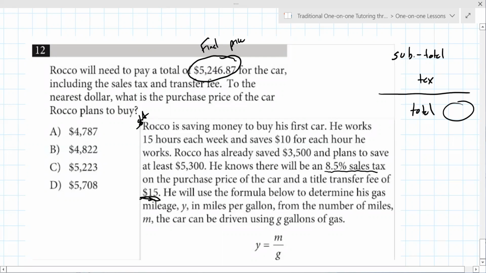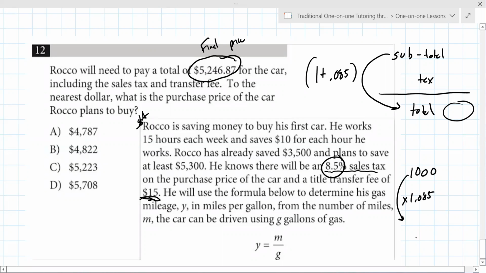We have to calculate the subtotal. To go from the subtotal to the total, you take the sales tax and add it to 1. So 1.085 is how you go from the subtotal to the total. For example, say your subtotal was $1,000. If you multiplied by 1.085, that would give you your total, which would be 1,085.